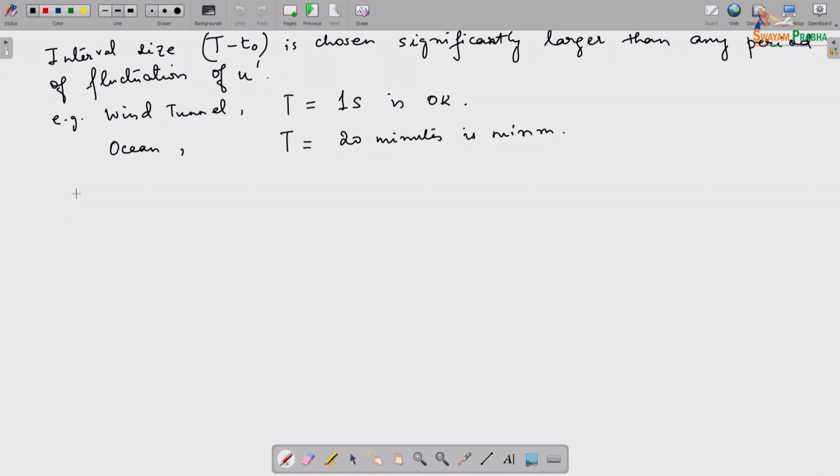So, let's just write: characterize the numerical magnitude of u dash, right. What do we do? That makes sense because some are negative, some are positive, right.